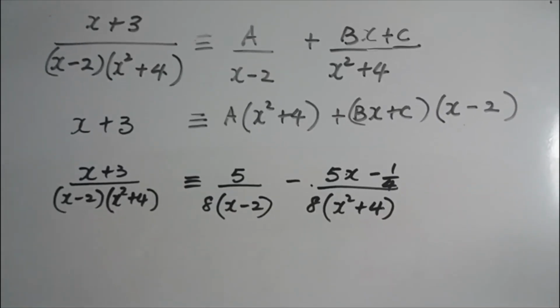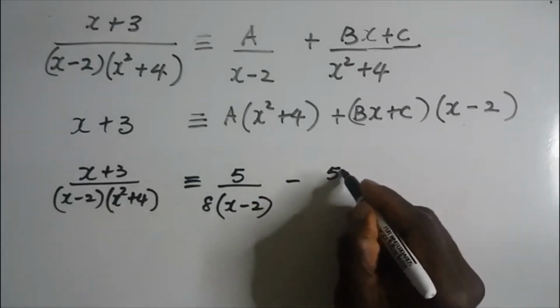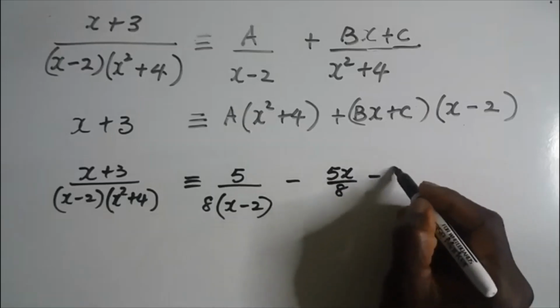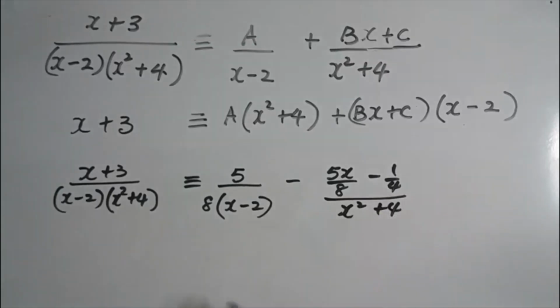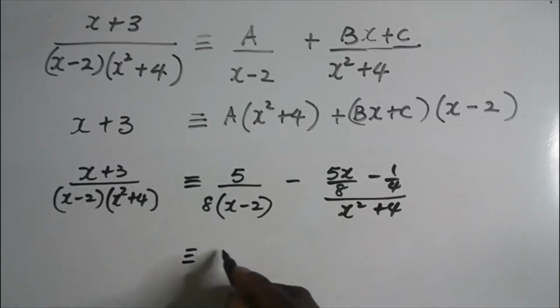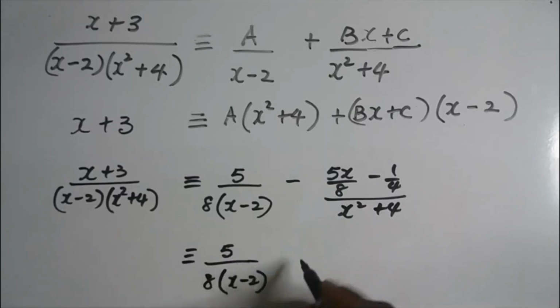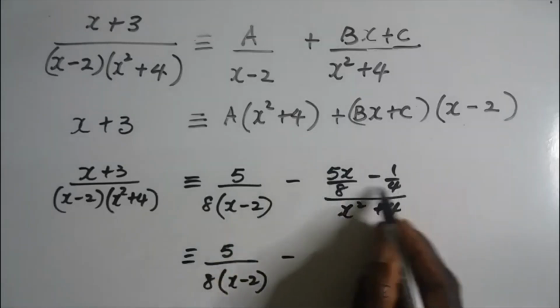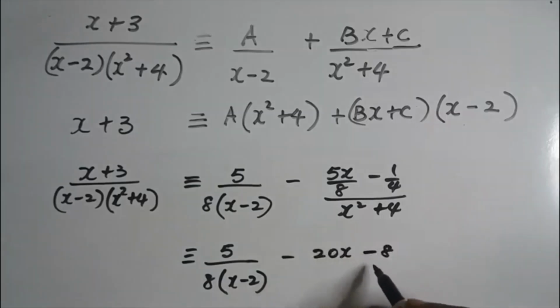Just to write this a bit neatly, we can write this as 5x over 8 minus a quarter all over x squared add 4, which simplifies to, we cross multiply here, we have 20x minus 8, and we use this in the denominator here. 8 fours are 32.